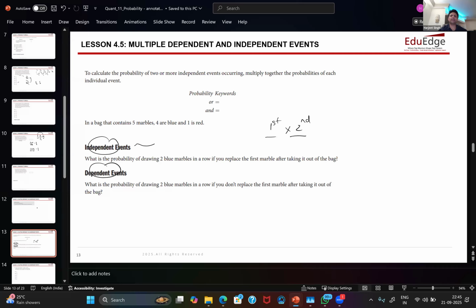So independent events are replacement events. The second case is dependent, where the second depends on the outcome of the first. So this is without replacement.